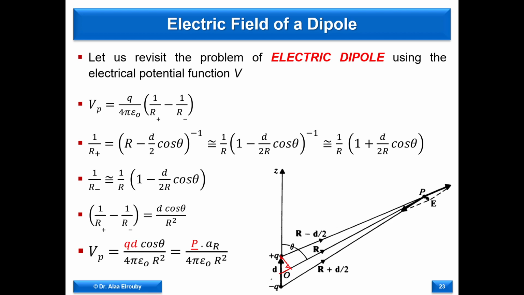So this part here equals d over 2 multiplied by cosine of this angle. Okay, so r plus equals r minus d over 2 cosine theta, this angle, sorry.